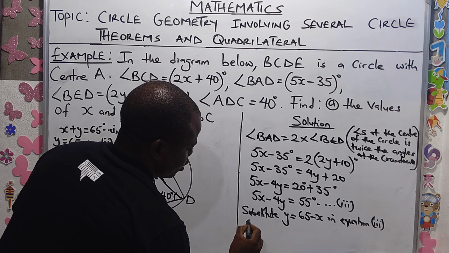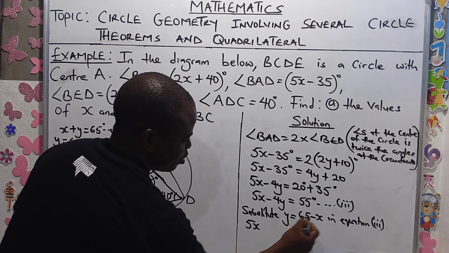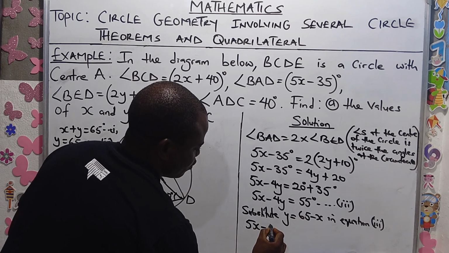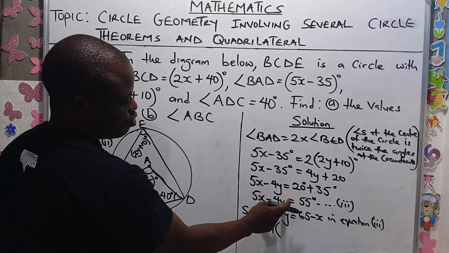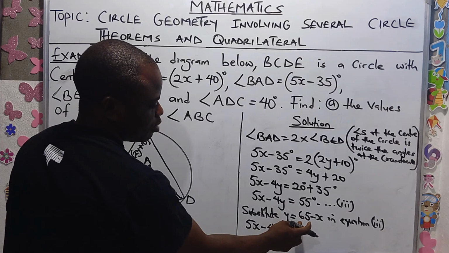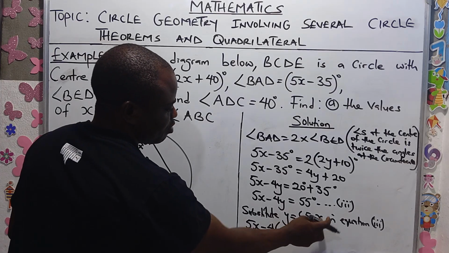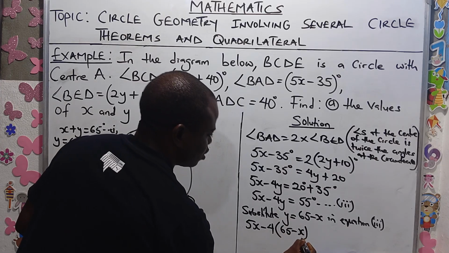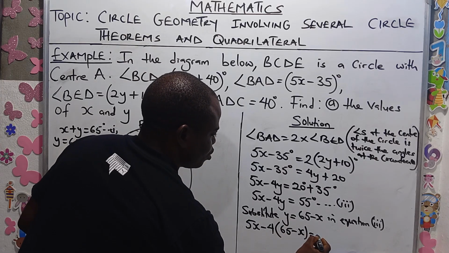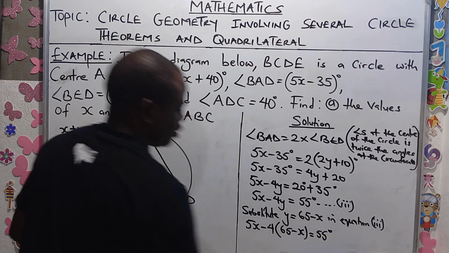Now 5x, see y, replace it with 65 minus x. 5x minus 4, open bracket. This 4 is multiplying y, that's why we open the bracket, so that you can multiply both 65 and minus x. 65 minus x equals 55 degrees.